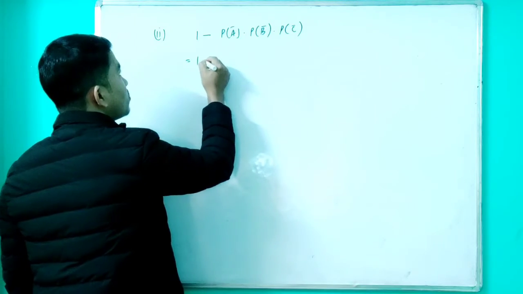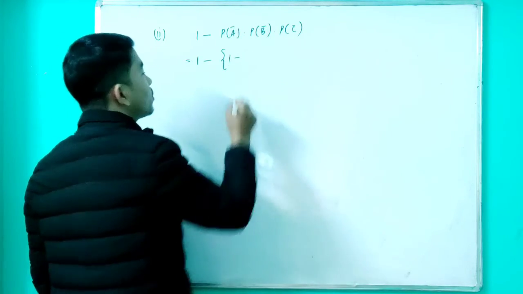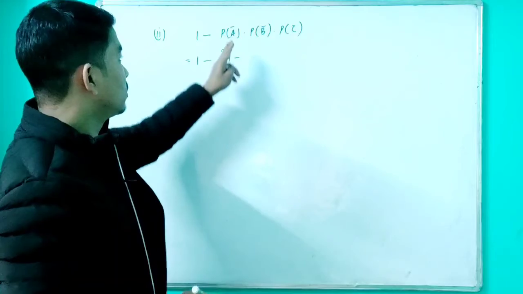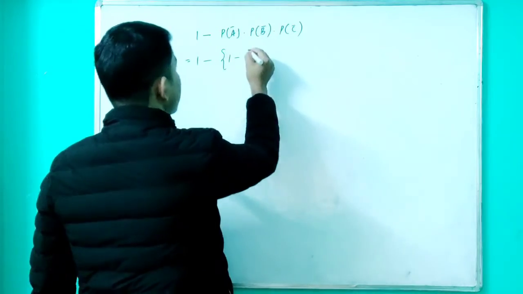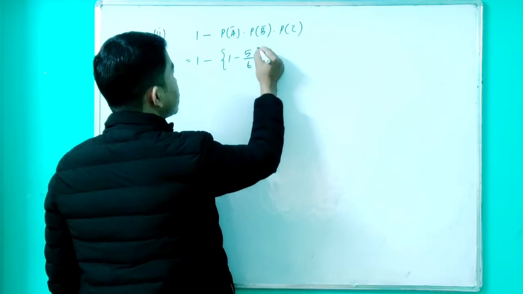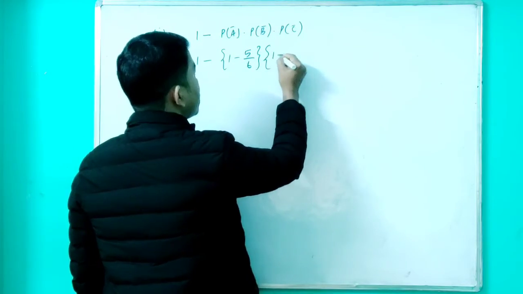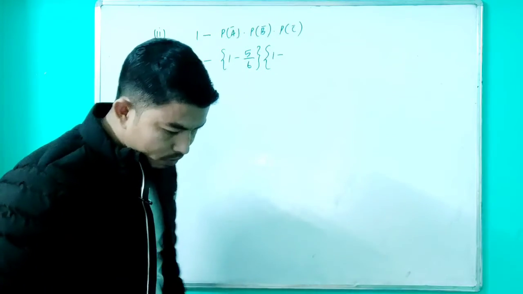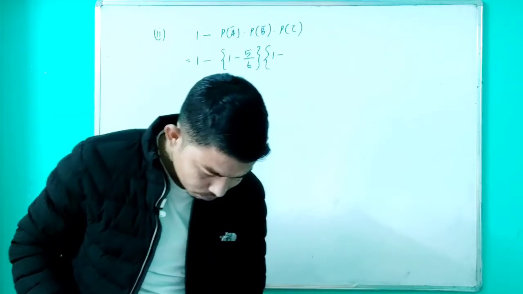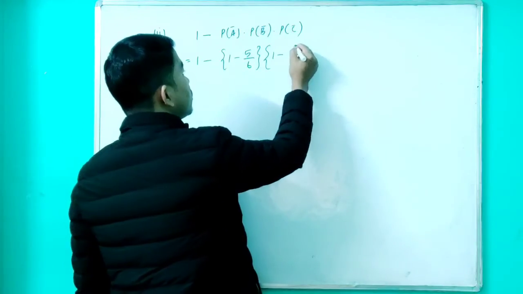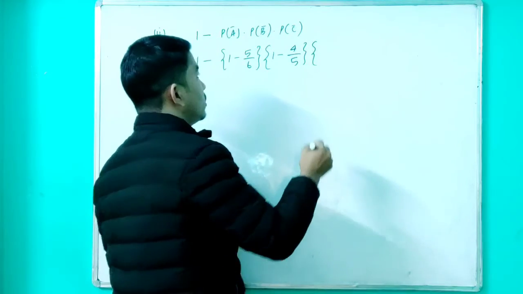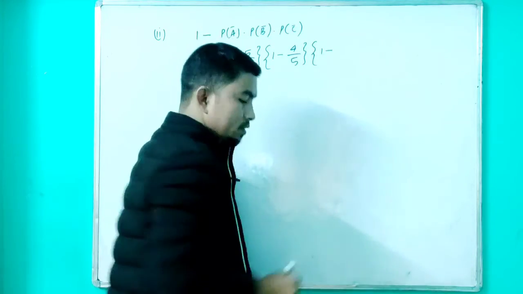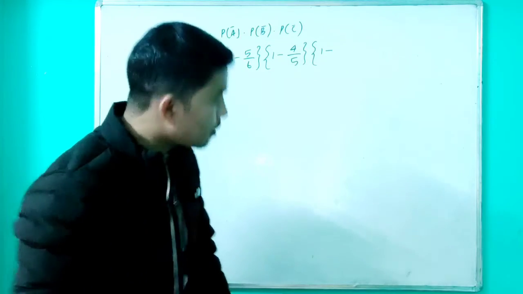It will be 1 minus, what is the probability of A not hitting the target? It is 1 minus 5/6, times 1 minus 4/5, and the probability that C does not hit the target is 1 minus 3/4.